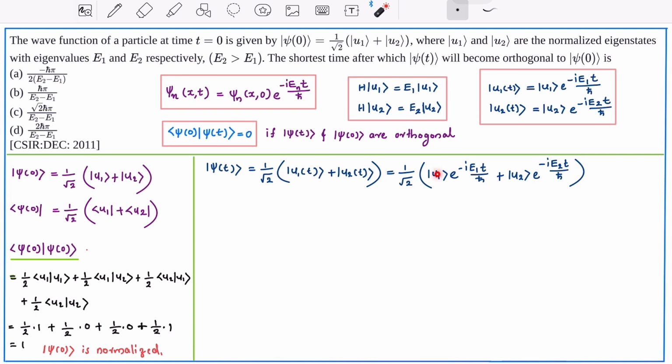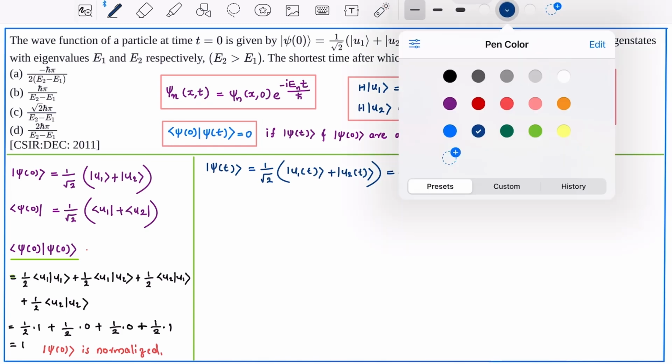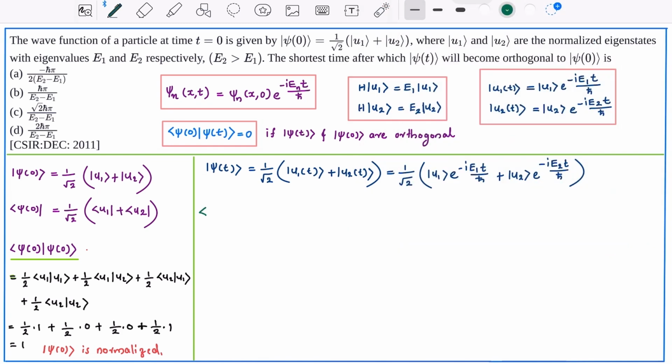Now we have to find out the inner product of psi of 0 with psi of t, and since they are orthogonal, the value is 0. From that we can calculate the time.